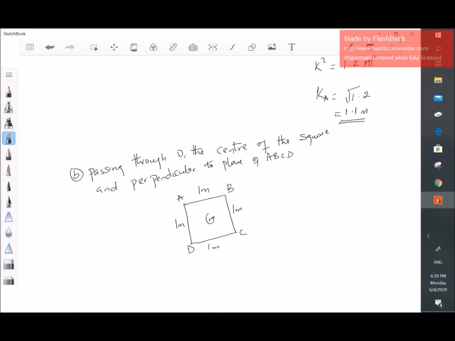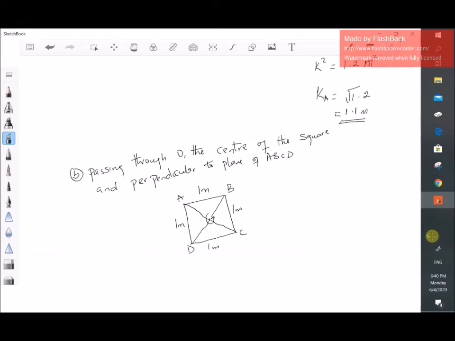Alright, that means we have to find the distance from point A to the center, from point B to the center, from point D to the center, and from point C to the center.